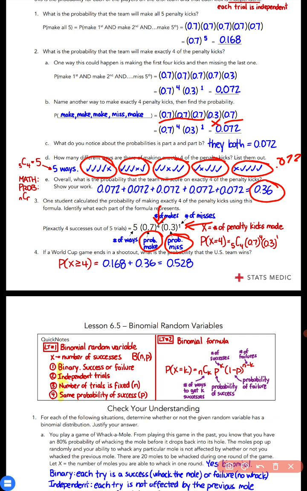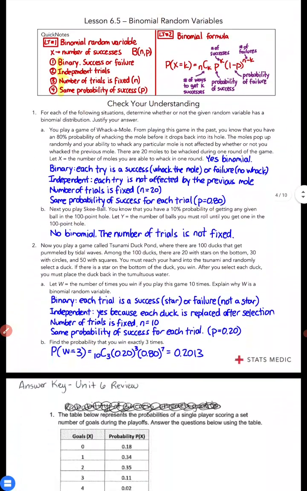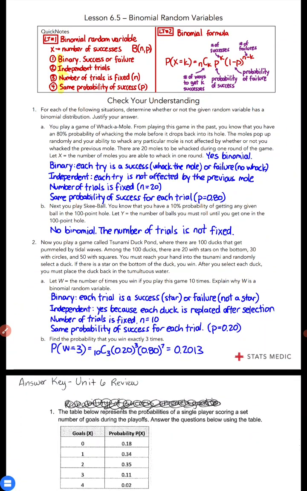And the reason we're multiplying it by 5 is because that's the number of different arrangements of penalty kicks they could have where they miss one kick. Okay? So our probability for binomial distributions has a formula that looks like this right here. And we'll practice with that here in just a minute.